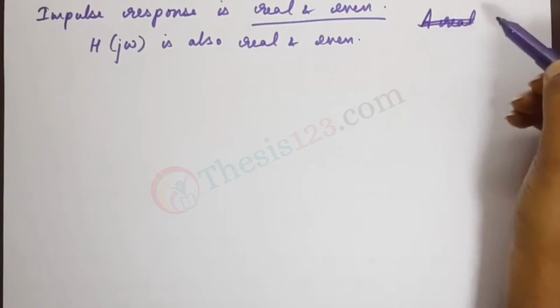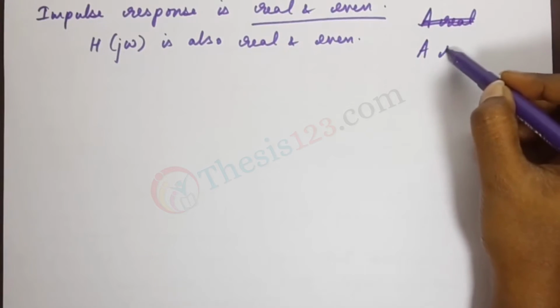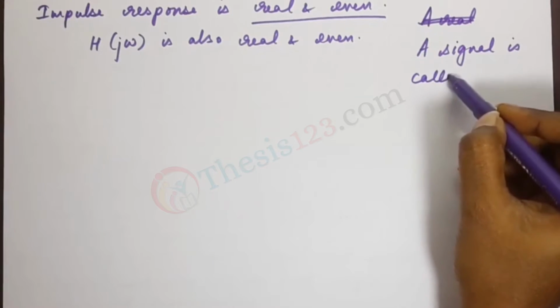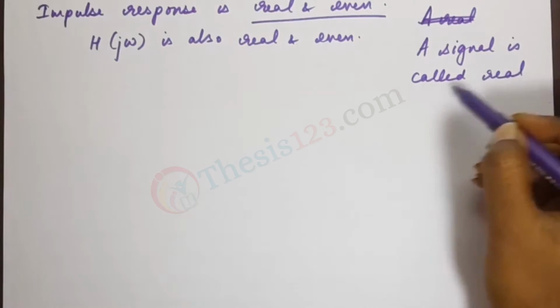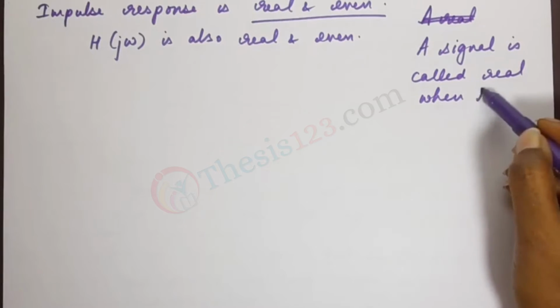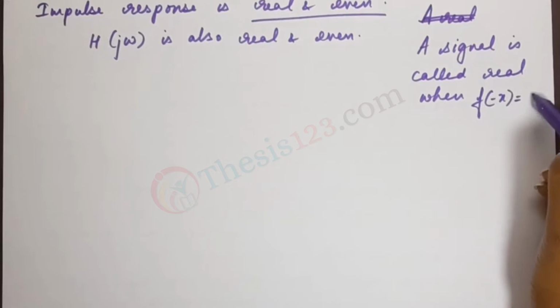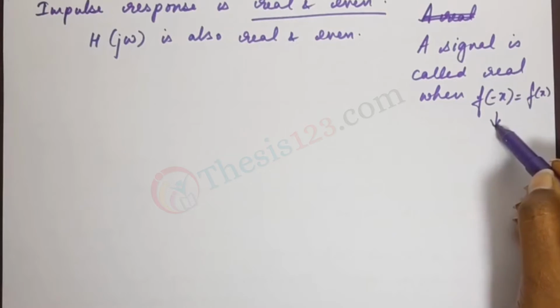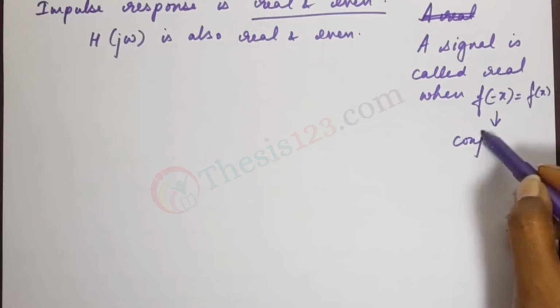I'm sorry, let me just write that again. A signal is called real when f(-x) equals f*(x), and that indicates that it is conjugate symmetric.